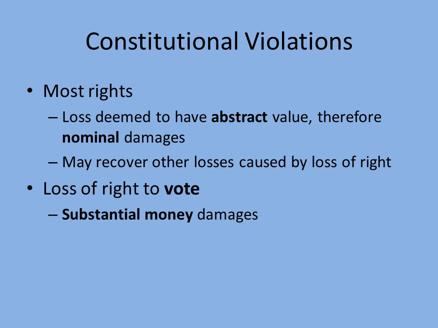Now, if you've had your constitutional rights taken away, and that loss of rights has resulted in other losses, then you can recover damages for those resulting losses. Think of it as, if you want to put it in the general damage and special damage world, the general damages on most constitutional violations will be that nominal damage, or make it easy, $1. And then your special damages can be rather large depending on what's occurred.